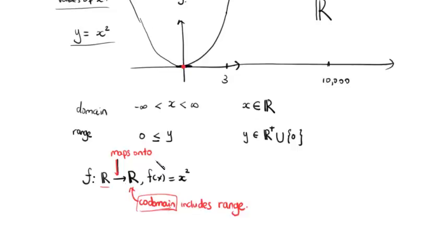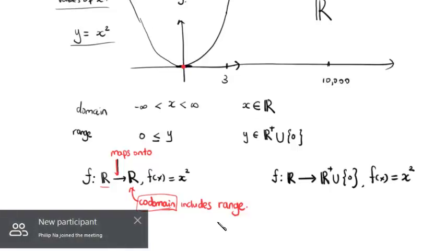So what it means, you can see that if we want to define this function, we can, because the domain is all real number. So we could write function, and domain is all real number, and this maps onto real positive number union 0, and then comma, function f of x is equal to x squared.